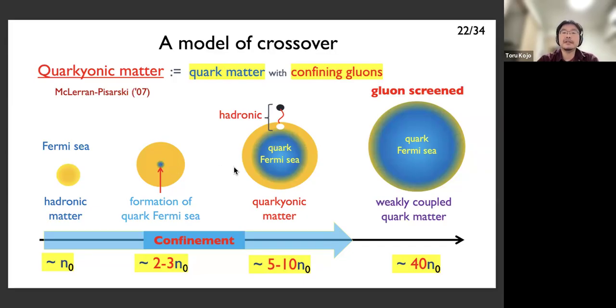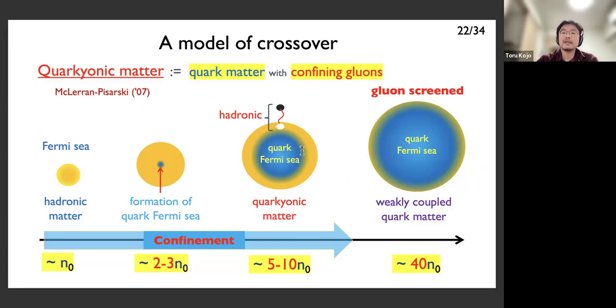And if we keep increasing the density, then the quark Fermi sea dominates the bulk property of matter. But we still have a confining gluon. Therefore, excitation on top of the quark Fermi sea is confined, and that is hadronic. So in that way, there is a baryonic Fermi surface on top of the quark Fermi sea in the bulk, and this sort of matter is called quarkyonic matter.